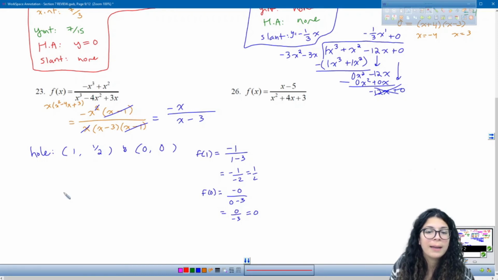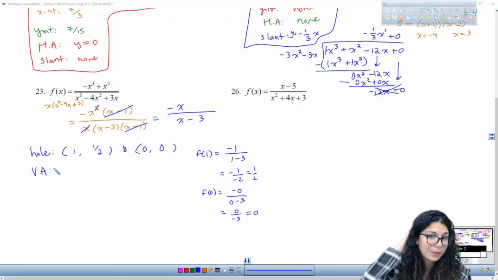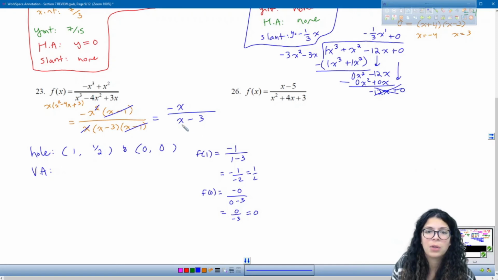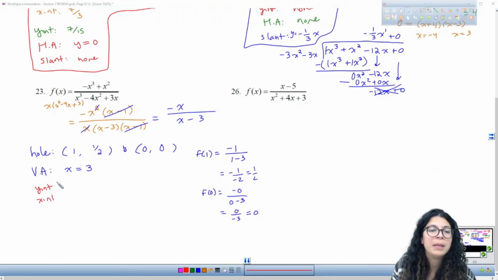Then we can go ahead and find the vertical asymptote. Remember that the vertical asymptote is any point of discontinuity that didn't cancel. So that would be for x value of 3. So it will be the vertical line x equals 3. Then we can go ahead and find our y-intercept and our x-intercept, but both of these are going to be none.